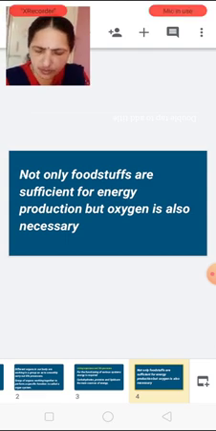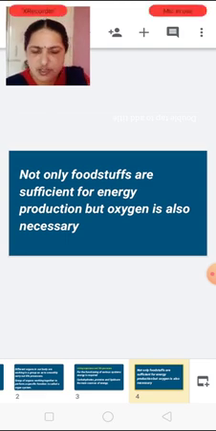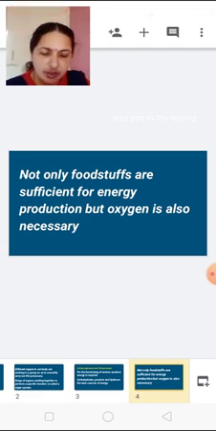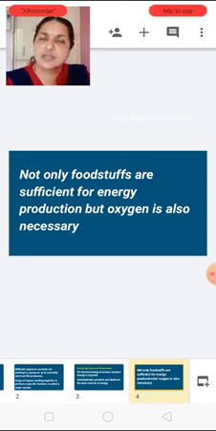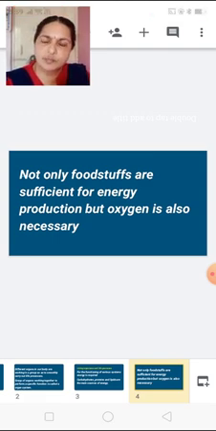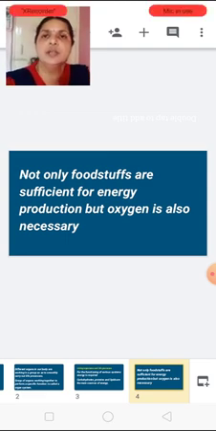Along with this system, other life processes contribute in their own way to energy production.